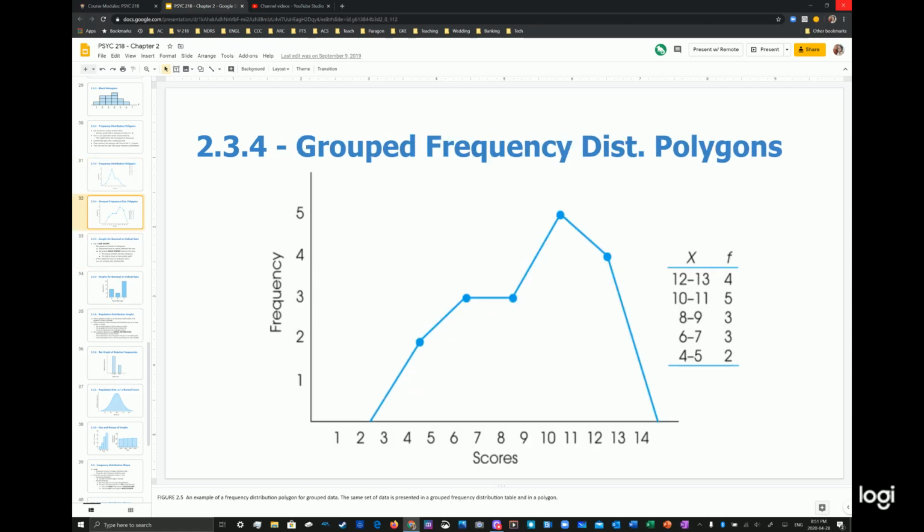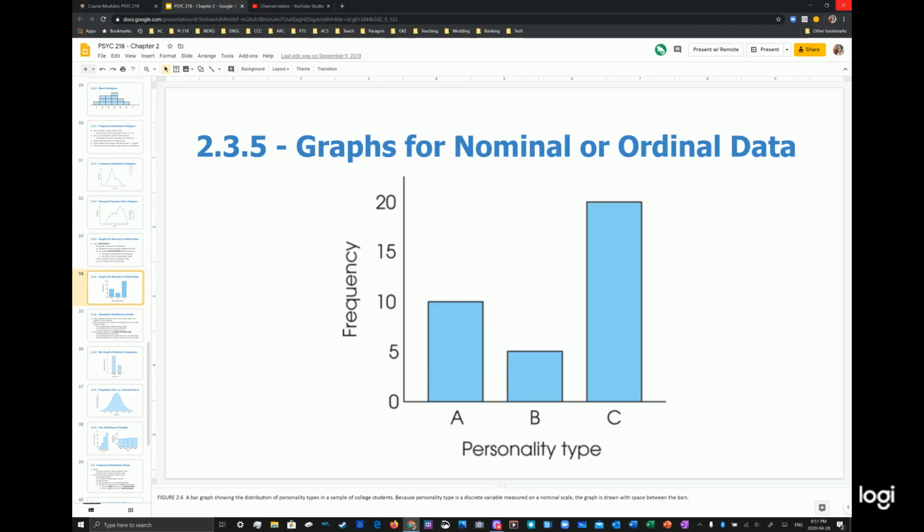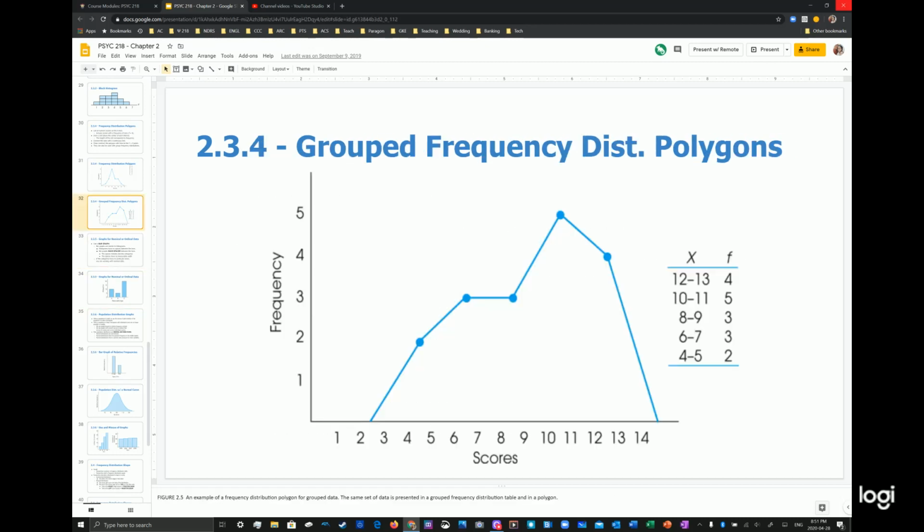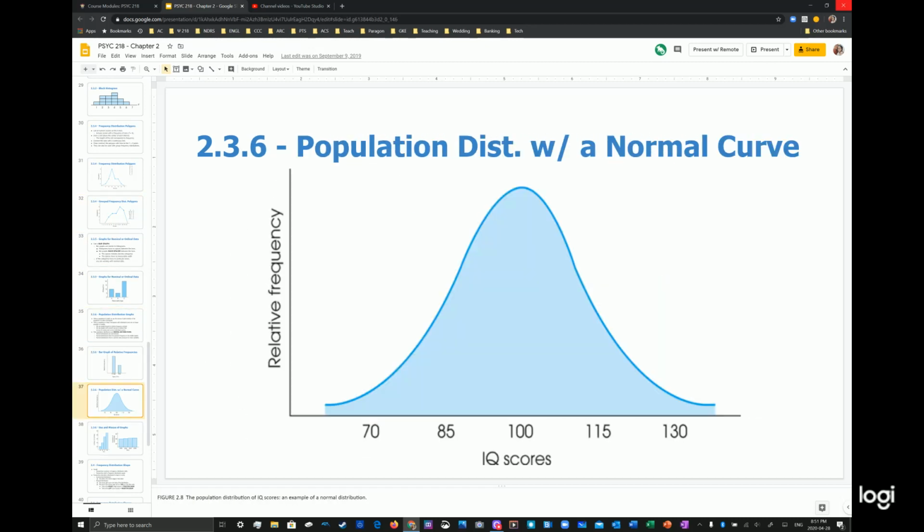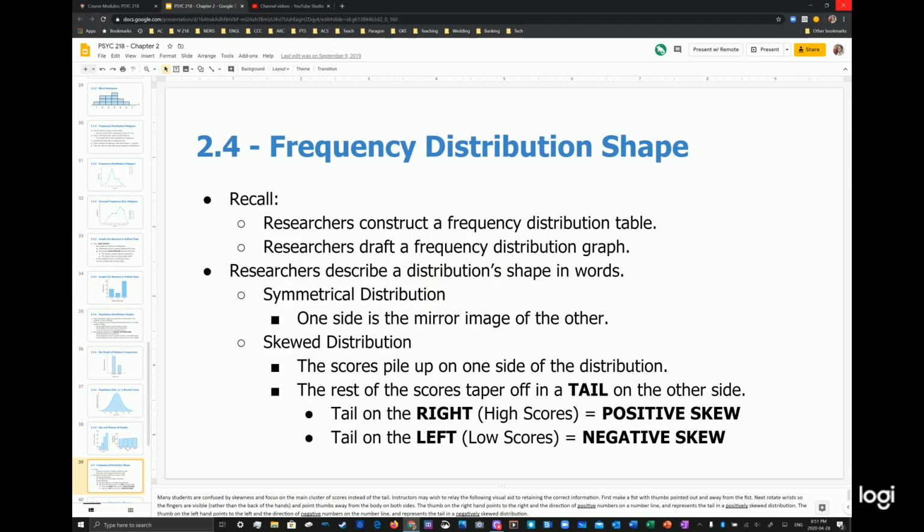We can talk about regular frequency as in individual frequency distributions or group frequency distributions, bar charts, histograms, polygons, or curves. They have shapes, and we want to describe those shapes because they give us an overall summary of how people do, whether it's behave or perform or some characteristic.